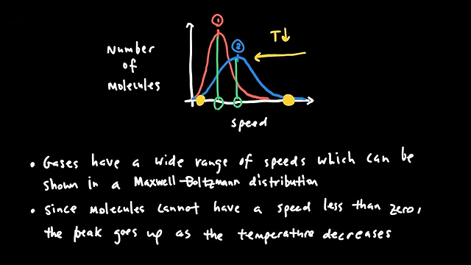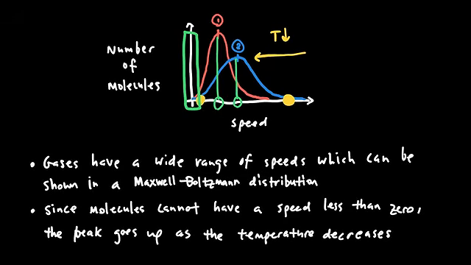The reason this occurs is because gas molecules cannot have a speed less than 0, and so the distribution can't go beyond this axis, right? Because you can't have a speed less than 0. For that reason, as the gas cools, more and more molecules are stacking up at the lower speeds.